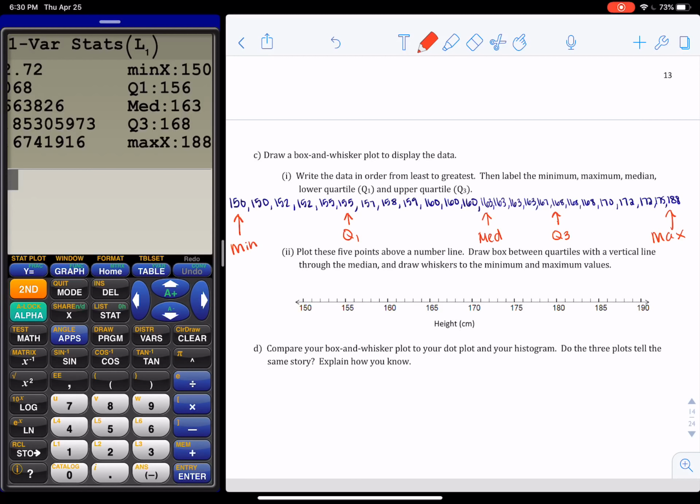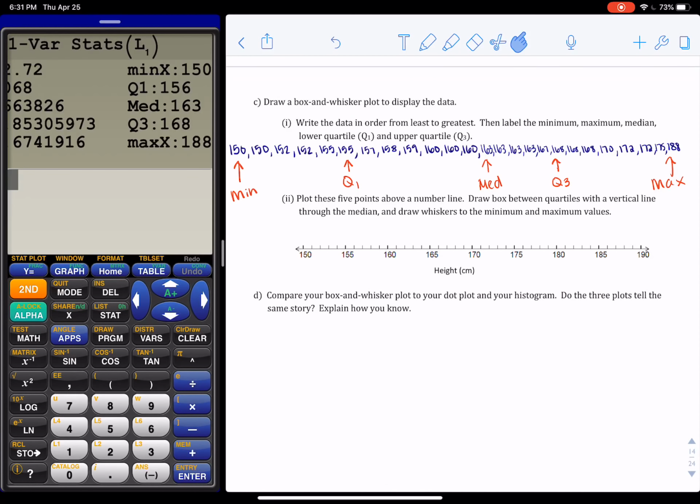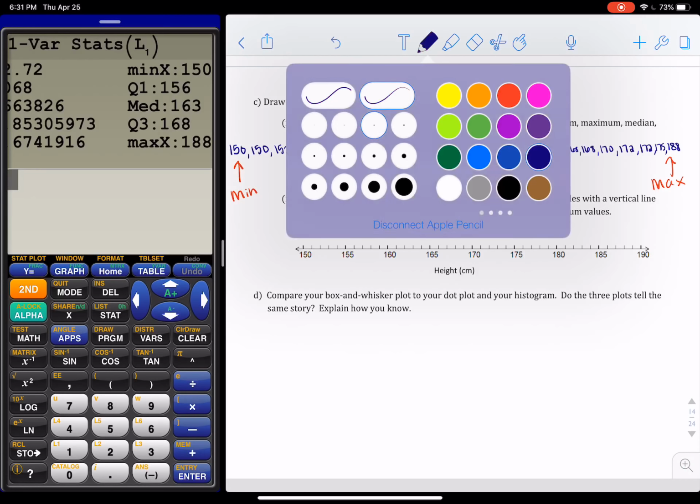Okay, so the next part, we want to draw our box and whisker plot. But the first thing that we need to do is go ahead and look and see if we have any outliers. The reasoning for outliers is that they could change our max and min a little bit. So let's just use the space down below here.